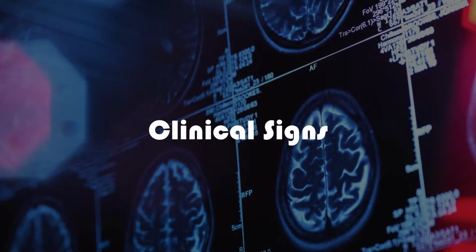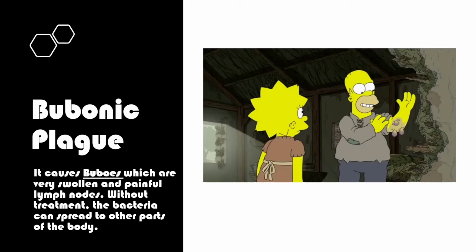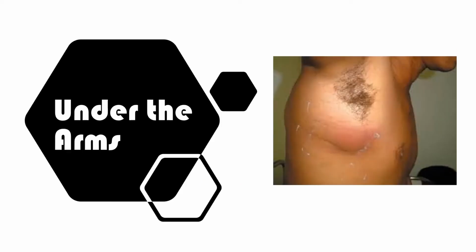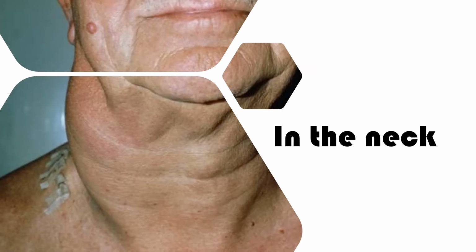Clinical signs of bubonic plague. What causes bubonic plague? It is characterized by buboes, a swollen inflamed lymph node. Without treatment, the bacteria can spread to other parts of the body, such as under the arms or in the armpit. And lastly, in the neck.